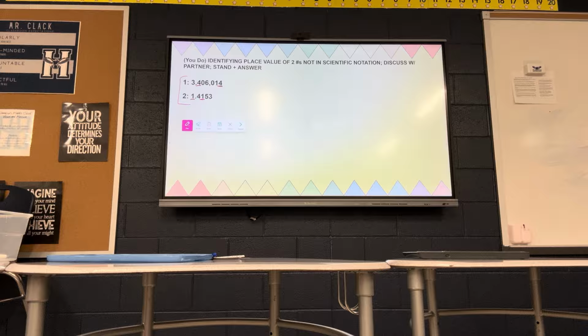You can put it under the number. So write down the place value of the underlined numbers, 4 on the right and 1 on the left. Number 1, and then for the second one, write down the place value for both of the ones.